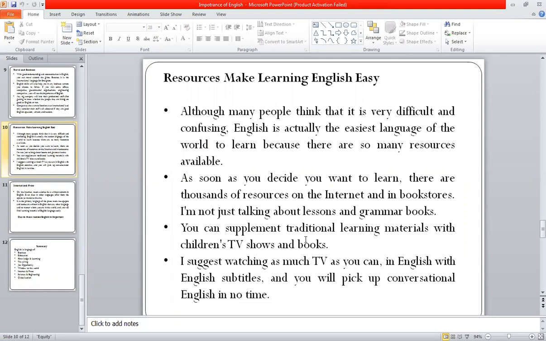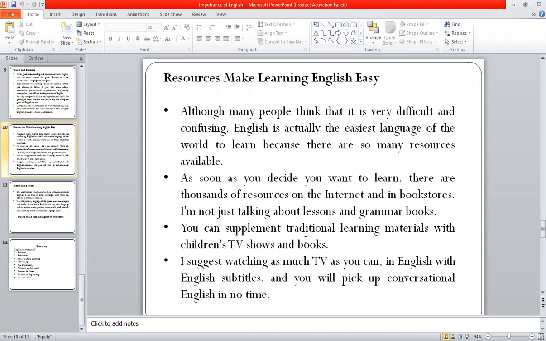We have to choose books that have used simple language. So you can supplement the traditional learning material with children's TV shows and books. And I can suggest that you can choose comic books also. You will find comic books in the market and in bookstores.